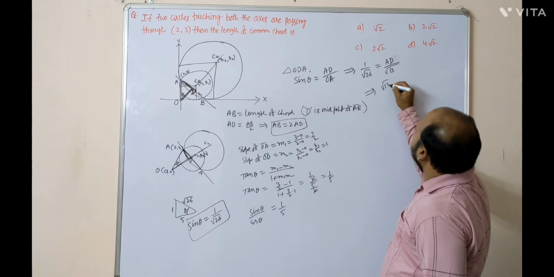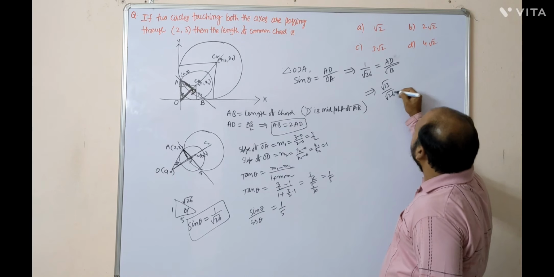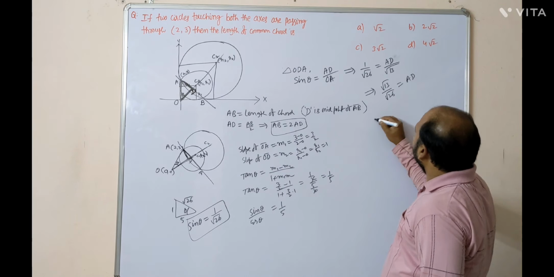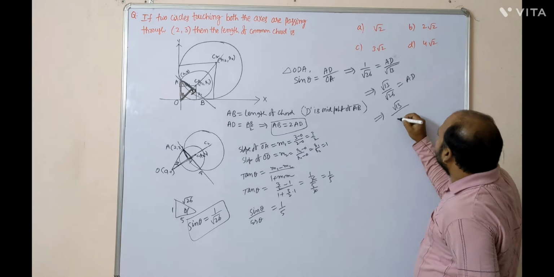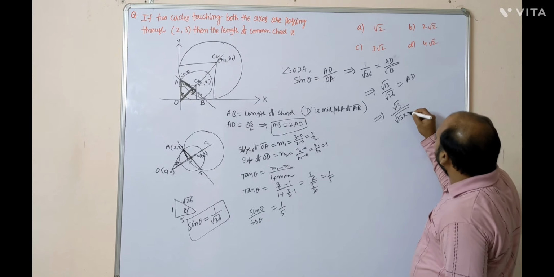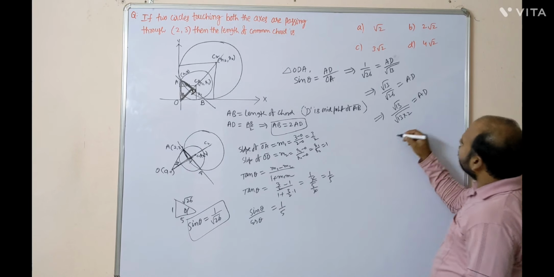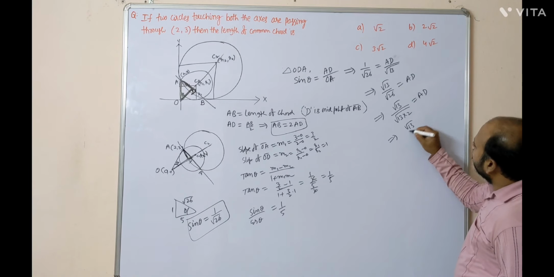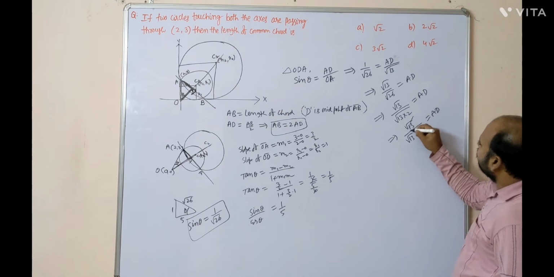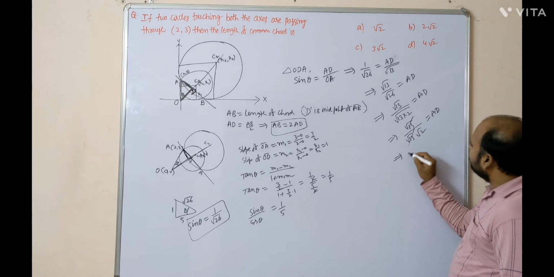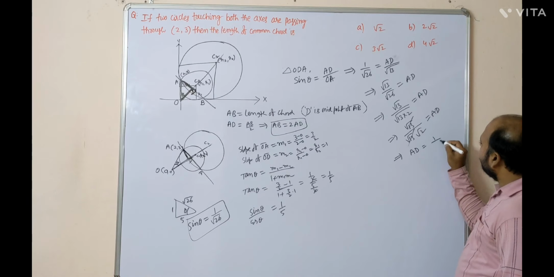Root 13 by root 26 is equal to AD. Root 13 by root 26 means root 13 by root 13 into root 2, so 1 by root 2 we got. So AD is equal to 1 by root 2.